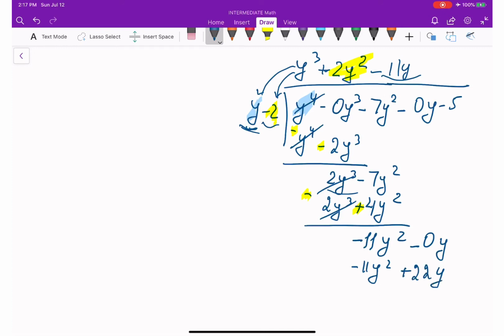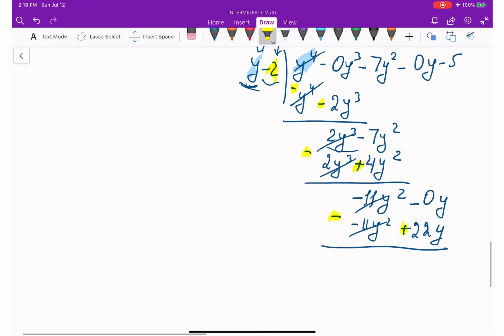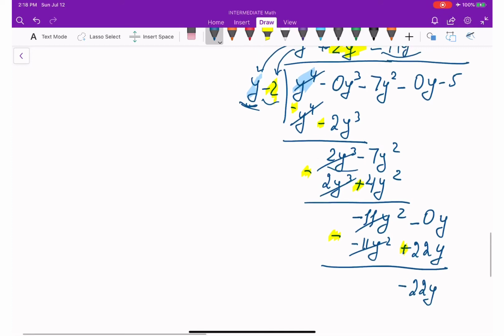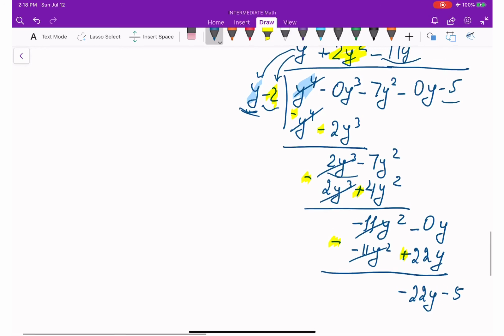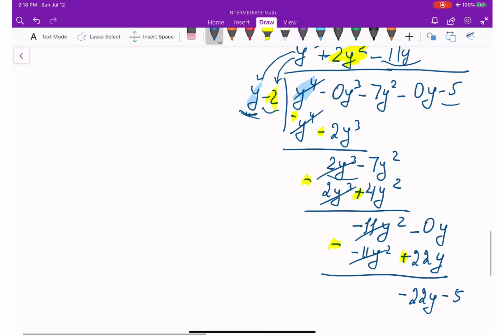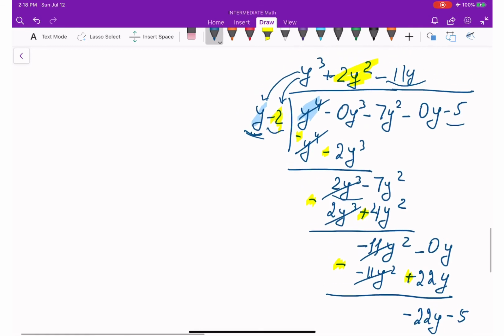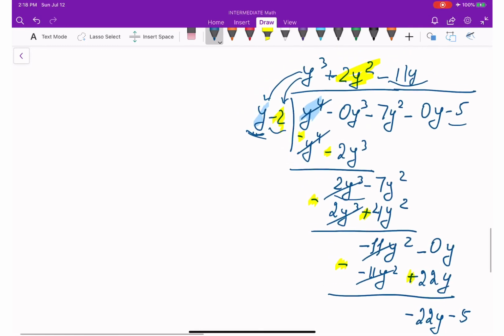So when I subtract, this is gone, and this negative with this positive is going to be negative. So I will have left negative 22y. And adding the last, negative 5 here, minus 5.